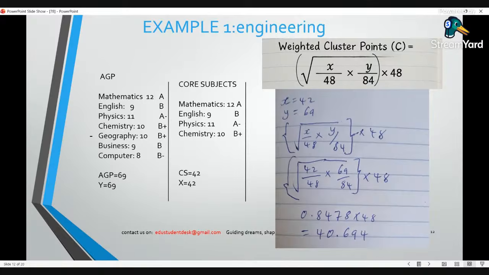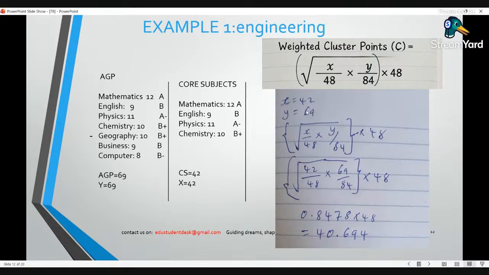So what's his or her aggregate points? It's 69. And the core subjects required in engineering were mathematics, physics, and English or Kiswahili, so they will choose between English and Kiswahili. When you sum the total points, it gives you 42.